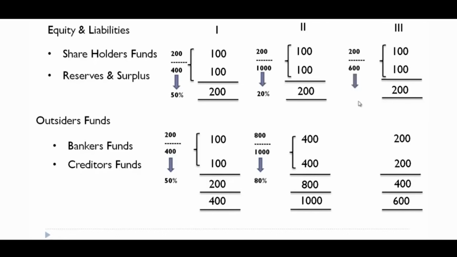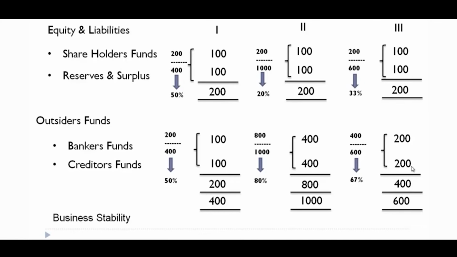So shareholder funds is basically how much? 33%. And here the outsider funds are 400 on 600, and it would give the ratio of how much? 67%. So now we have 3 scenarios, and now we can understand the business stability by analyzing scenario 1, 2 and 3.